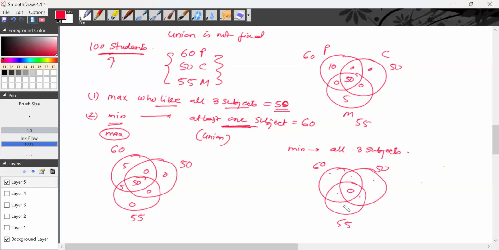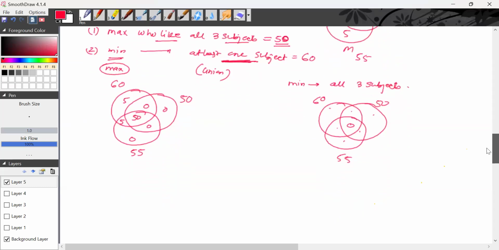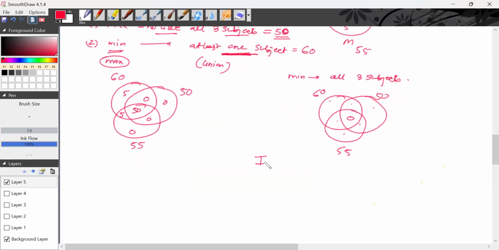ठीक है? I can go by hit and trial just to prove whether the value is minimum or not, or I can take help of the equation which we just formed. Can I say at least 1 plus at least 2 plus at least 3 would be the sum of these three values? Yes or no? ठीक है ना? कितना आएगा? 165. ठीक है. Now we want to minimize this.